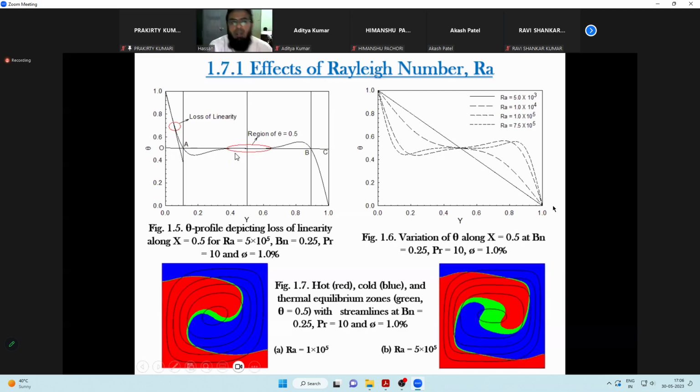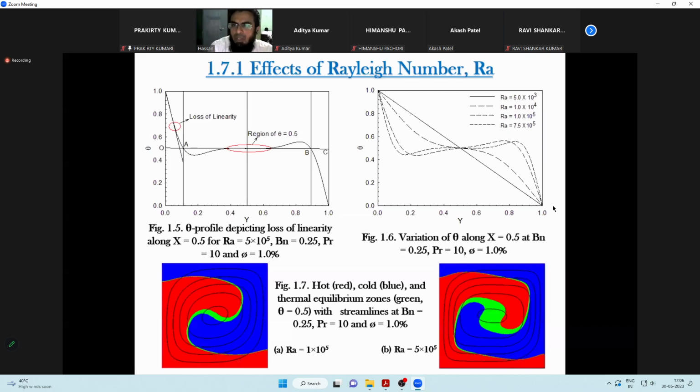In the middle also you have a linear temperature distribution, since you had a small solid core kind of thing. So linear thermal distribution, and this linearity is lost once the motion is instigated in the fluid and the fluid moves. Okay, so this is how the theta varies.